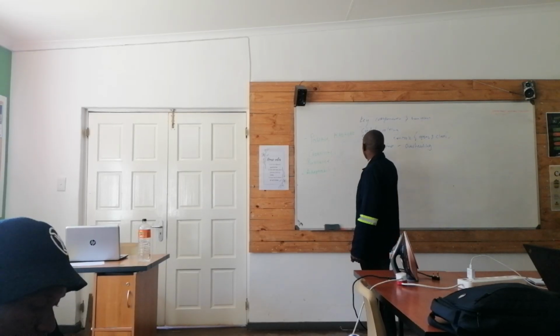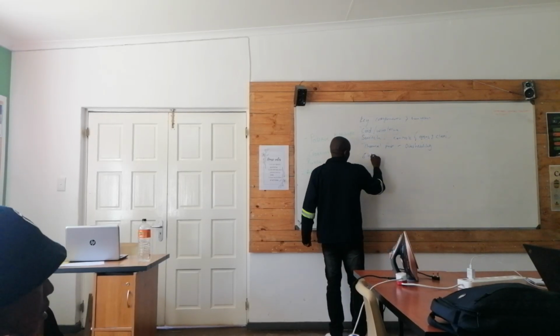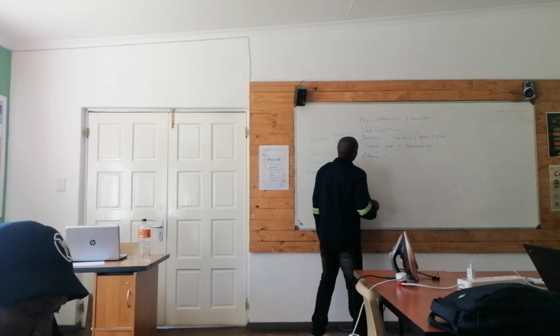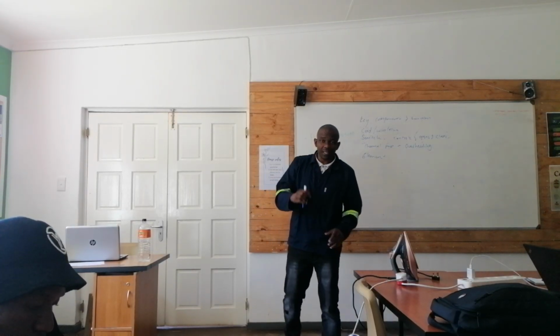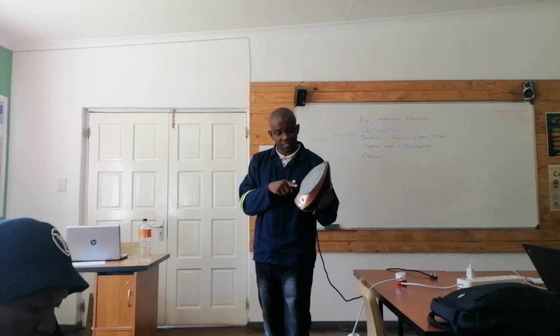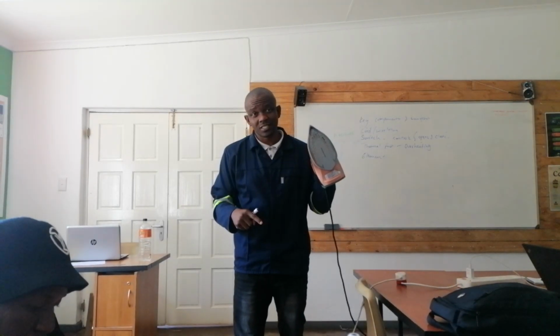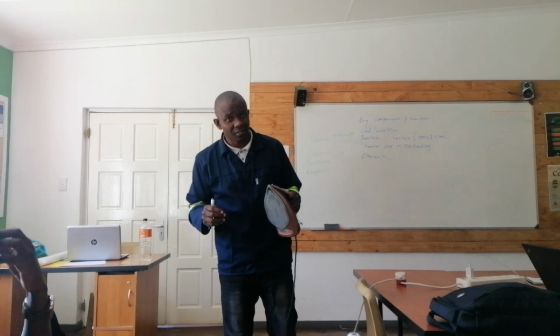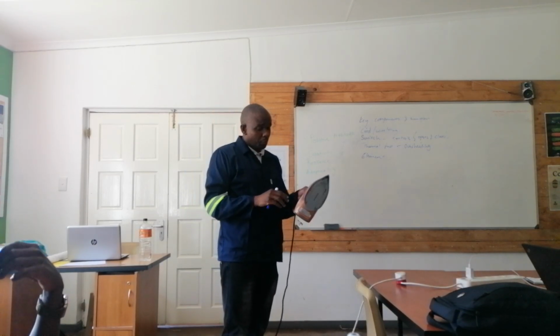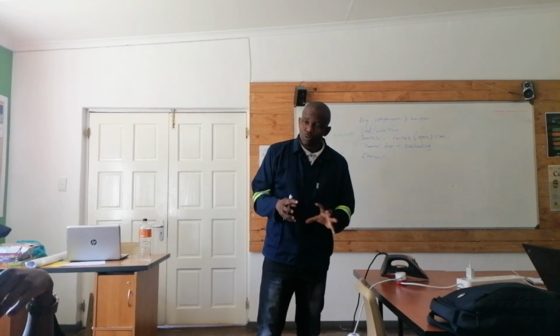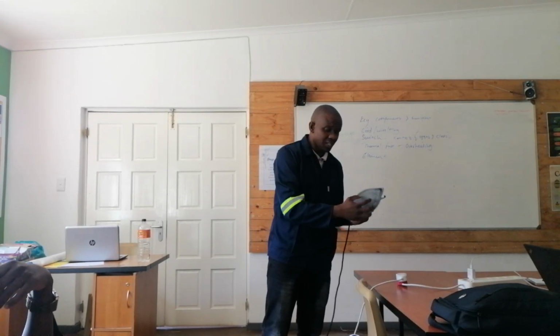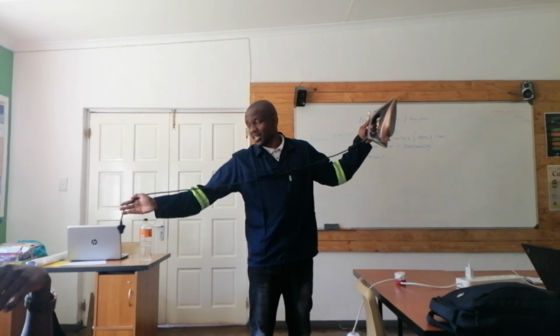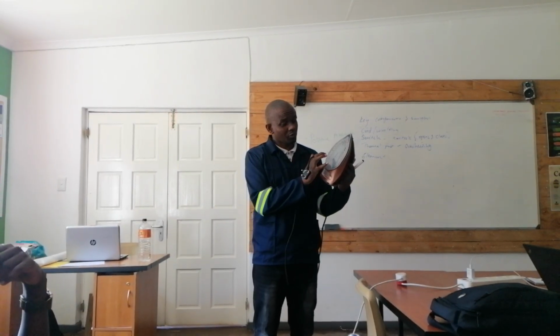Then we have an element. An element is a coil that is attached to this plate. It transfers the heat to this soleplate so that it can iron. They use a white powder to separate the coil from the metal, because the metal is automatically earthed.